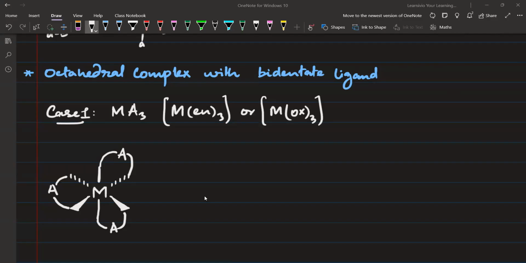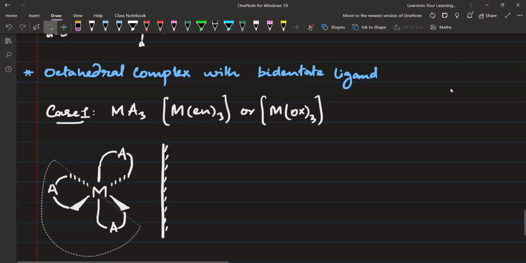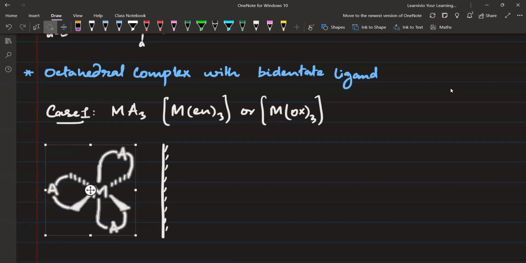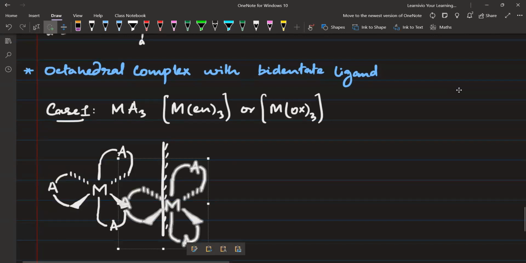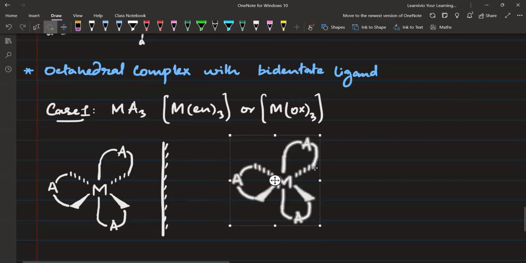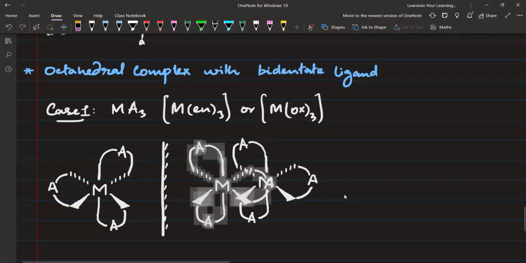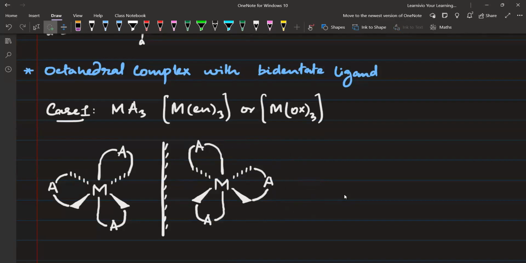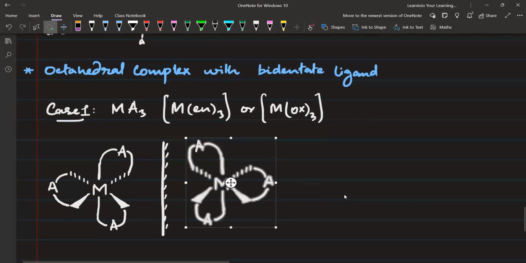Now the mirror image of this particular complex is going to be an enantiomer, एक optical isomer होगा, because they will be non-superimposable on each other. Also, this thing does not have any plane of symmetry or center of symmetry. So this will be the mirror image, correct? And this will be an optical isomer.